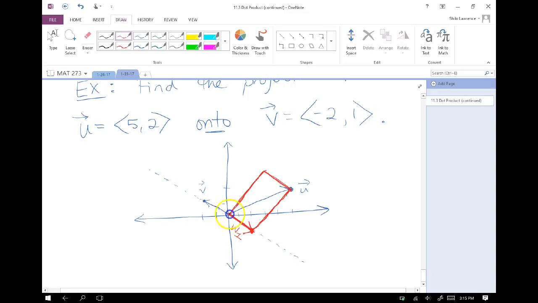This vector right here that goes from the origin out to, it looks like about maybe 2, -1 or 2, -2. That's our W sub 1. And then the piece that's orthogonal to that, or perpendicular to that, is this one. That's our W sub 2. And it looks like that one goes to about maybe 3, 3 or 3, 4. And U is the diagonal of that rectangle, which means W sub 1 plus W sub 2 equals U, according to our parallelogram method.